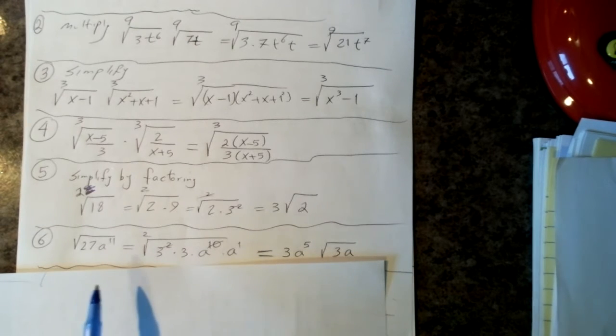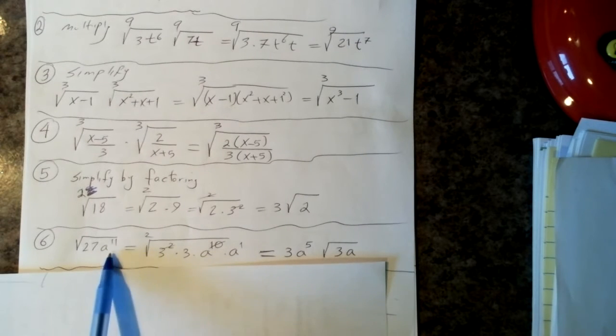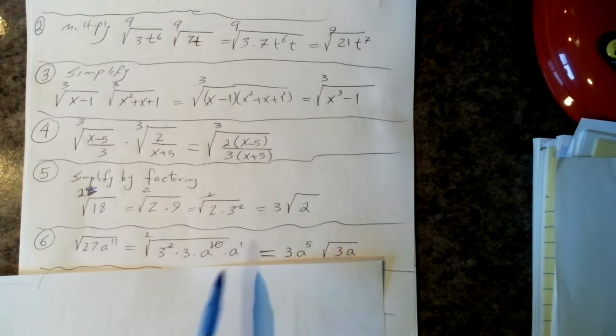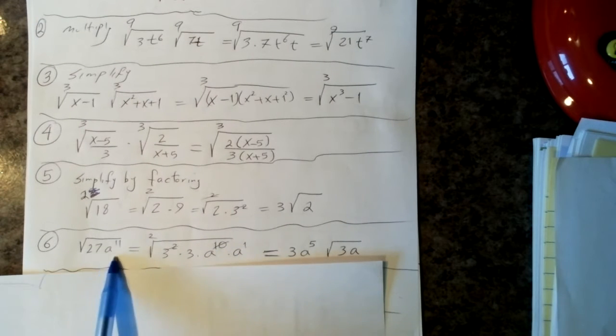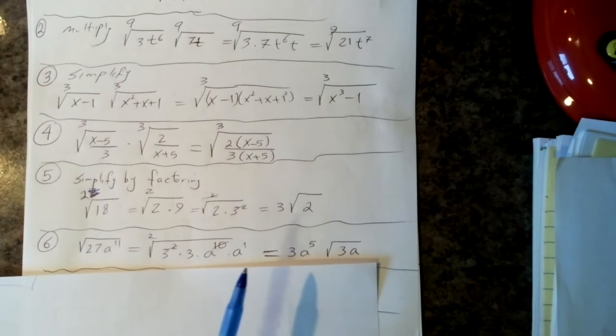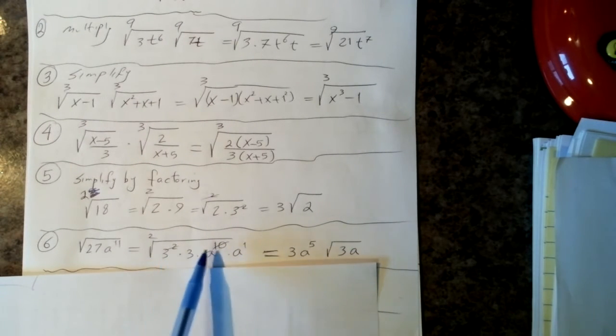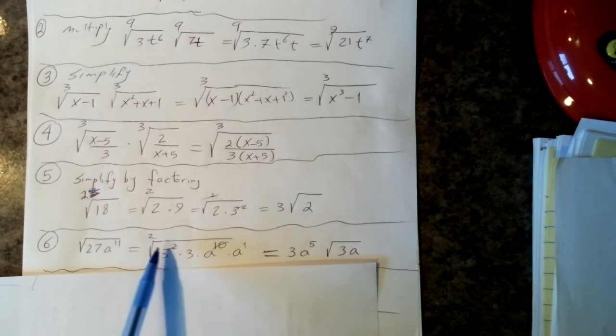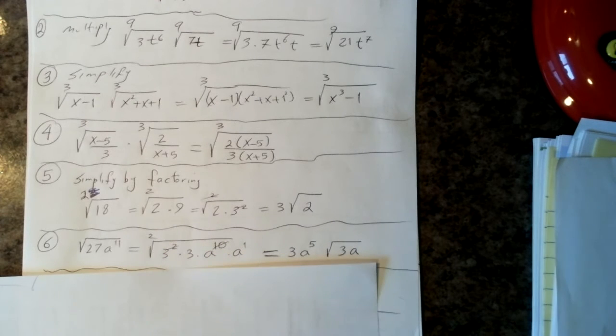27, we break the 27. 27 is 3 times 3 times 3, or 3 to the power of 2 times 3. a to the 11, you write it as a to the 10 and a to the 1, because a to the power of 10 times a to the power of 1, when you combine, is a to the power of 11. But writing it like this, every power that is divisible by 2 is released from the radical.